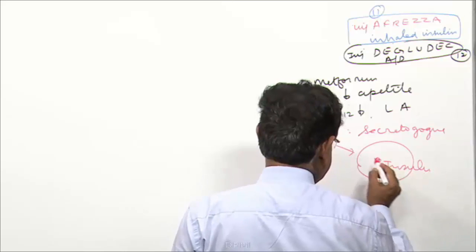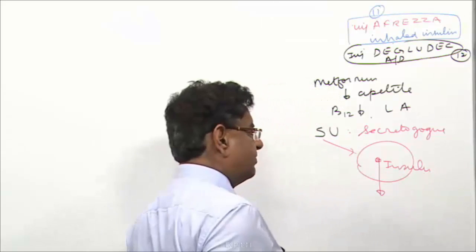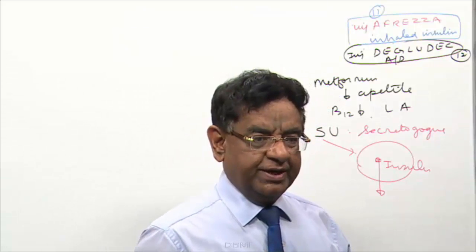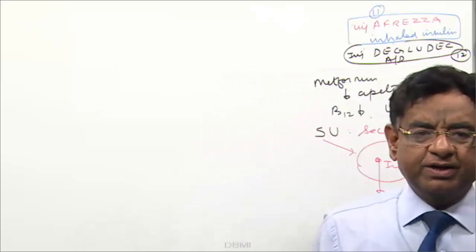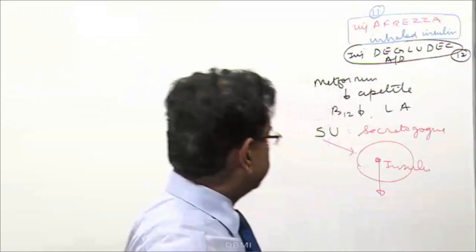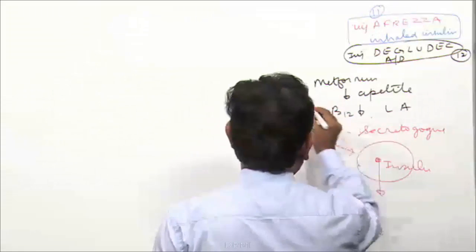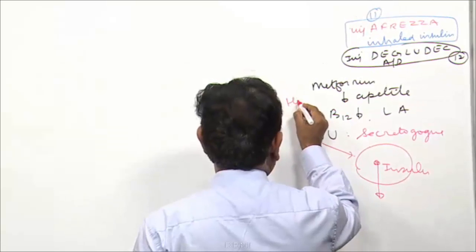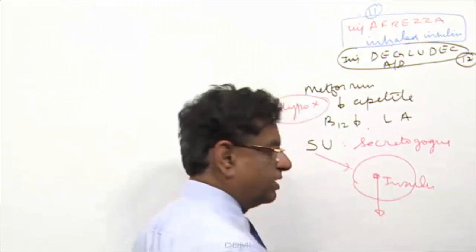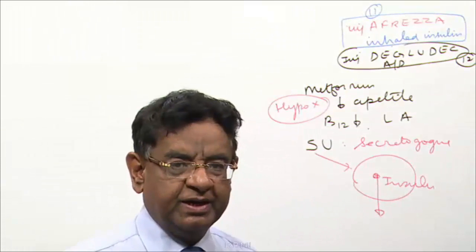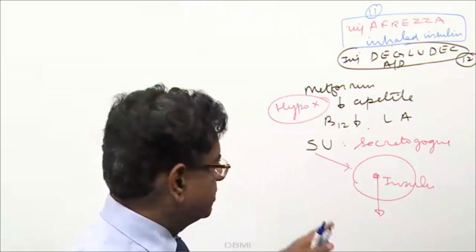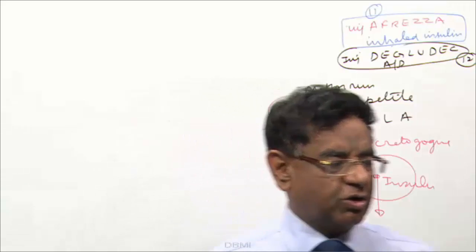Sulfonylureas are the drugs which can lead to hypoglycemia, but metformin does not lead to hypoglycemia. Hypoglycemia is a very important feature of sulfonylureas. Remember, they are the traditional drugs which you have been reading from your second year onward. So we need not talk much about these drugs.